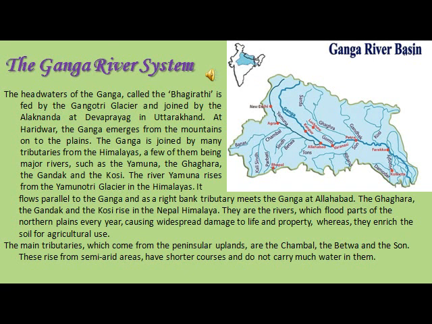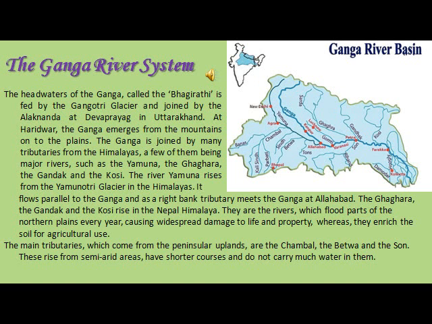The Ghagra, the Gandak and the Kosi rise in the Nepal Himalayas. They are the rivers which flood part of the northern plains every year, causing widespread damage to life and property, whereas they enrich the soil for agricultural use.